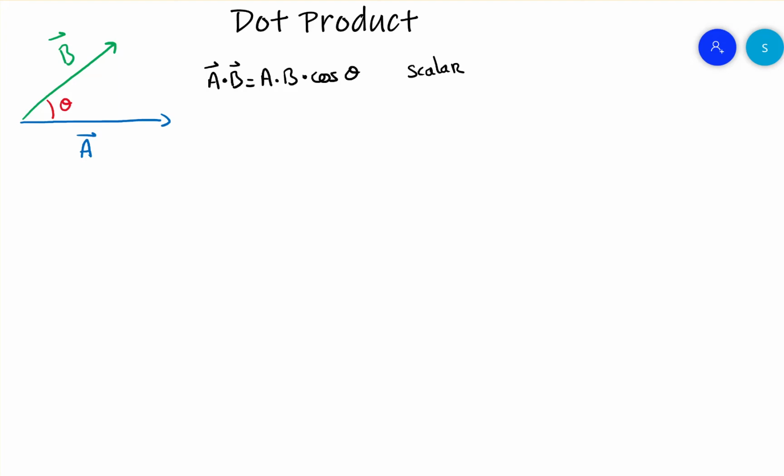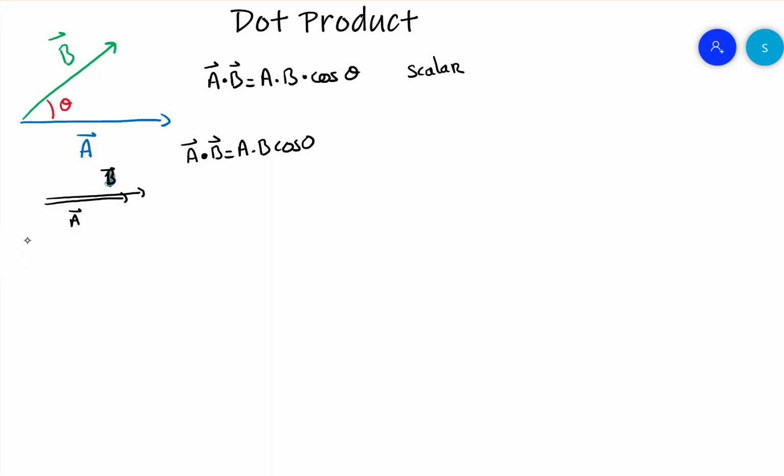If we look at two specific configurations: if A and B are parallel to each other, we have A dot B equal to A times B times the cosine of the angle between the two vectors, which is 0.